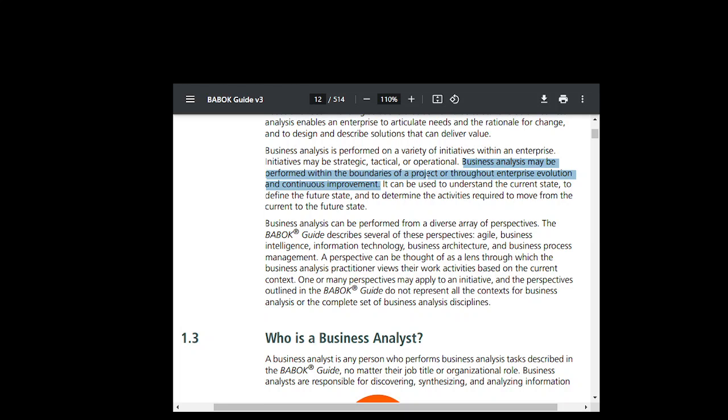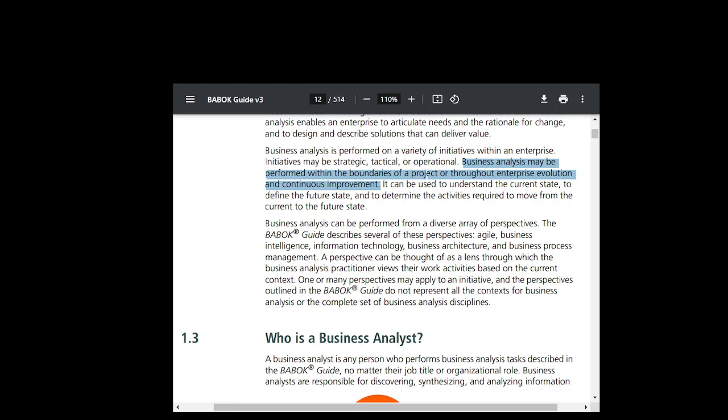Or throughout the enterprise evolution. Maybe an enterprise is planning to overhaul or get rid of old systems or old servers, from top to bottom or from bottom to top. So it's like an evolution. They want to go cloud.